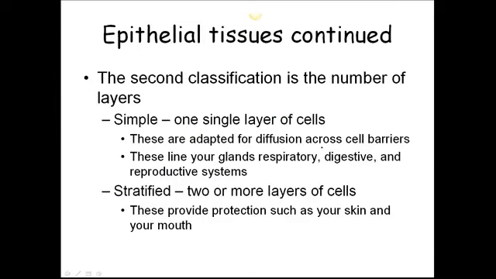Okay, the second way that we classify epithelial tissues is by how many layers of these tissues there are. So simple means 1 single layer, and stratified is 2 or more layers. We want this single layer because we need diffusion across the membrane. So in the lungs, how's air going to get into your blood capillaries?